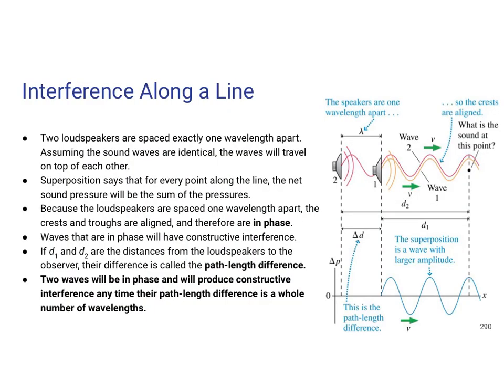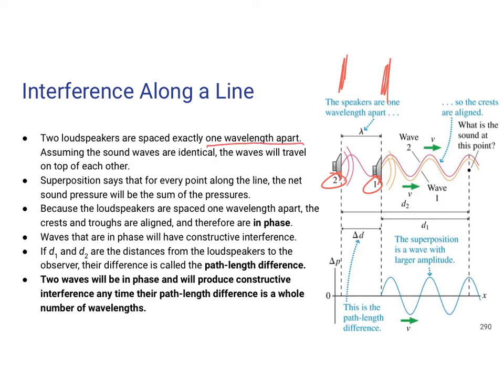So when I have two sources, let's start by making the concept a little easier, and that is, let's put these two speakers directly in front of one another, and let's pretend that the sound can just go through them and there's no issues. Now, if we place these two speakers, here's speaker one, here's speaker two, exactly one wavelength apart.